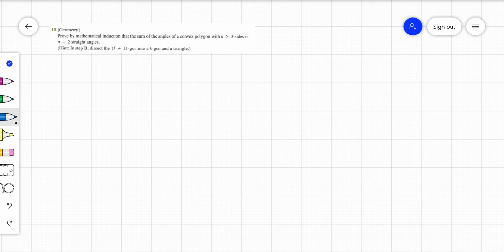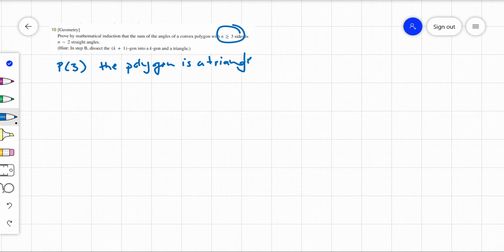All right, so I'm going to say some of it rather than write it all down, just to make it a bit quicker. Of course, we let P of n represent the proposition to start with, and you can see that the smallest n here is 3. So for P of 3, you can say the polygon is a triangle if it's got three sides.